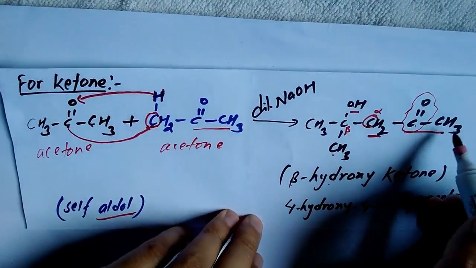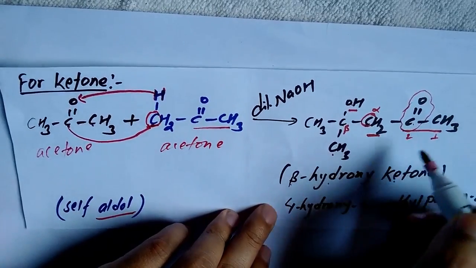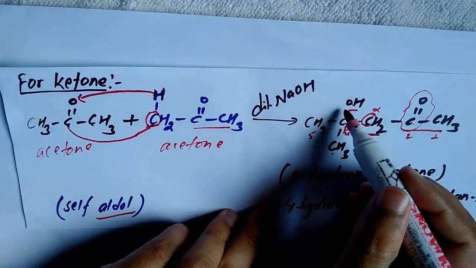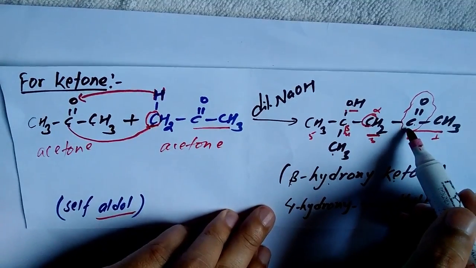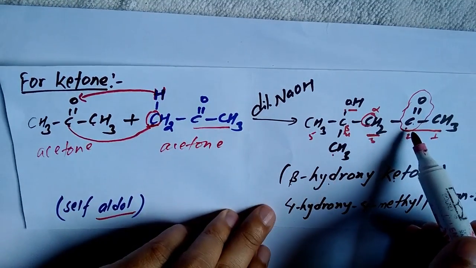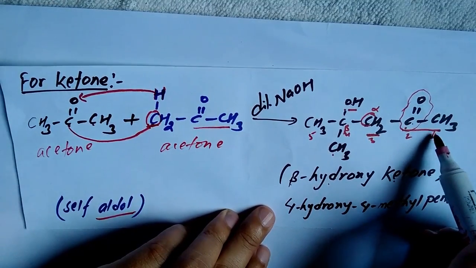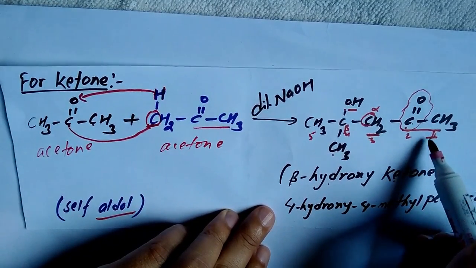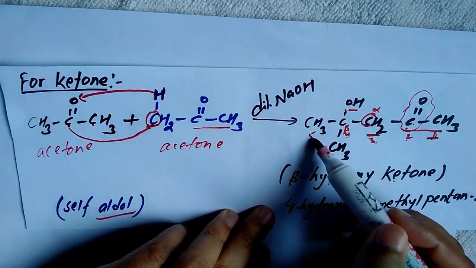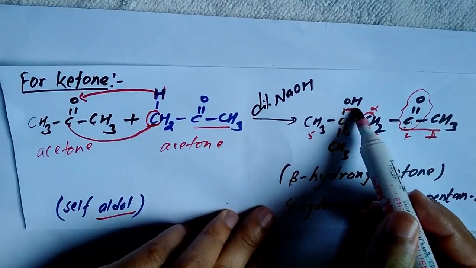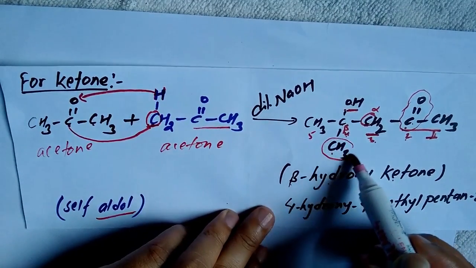IUPAC name: start from this side, 1 2 3 4 5. Here is OH and ketonic group, so we give the priority to the ketonic group. So we count from this side, 1 2 3 4 5, and in 4 position there is a hydroxy, and in 4 position there is a CH3.